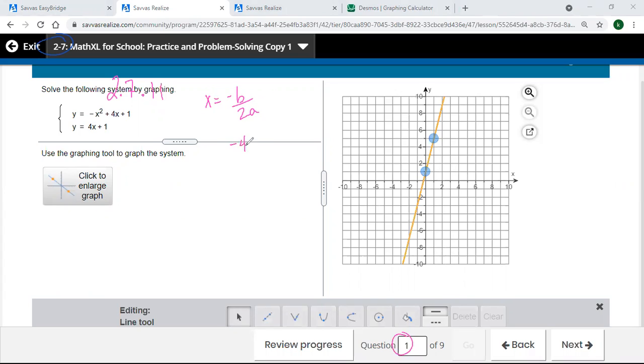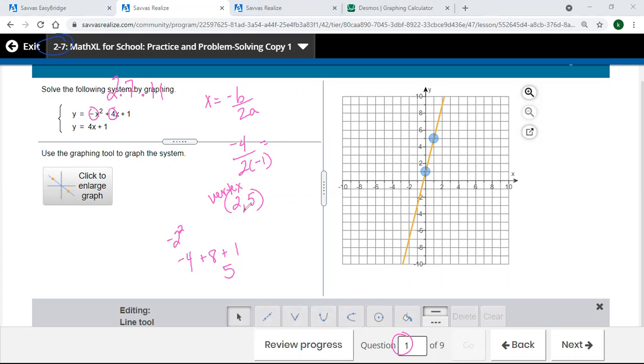So negative 4 over 2 times a, there's my b, and that negative 1 is my a. So it would be at 2 comma, and then plug that in. 2 squared is 4, then put the negative on. So negative 4 plus 8 plus 1, that looks like that would be 5. So 2, 5 is the vertex.